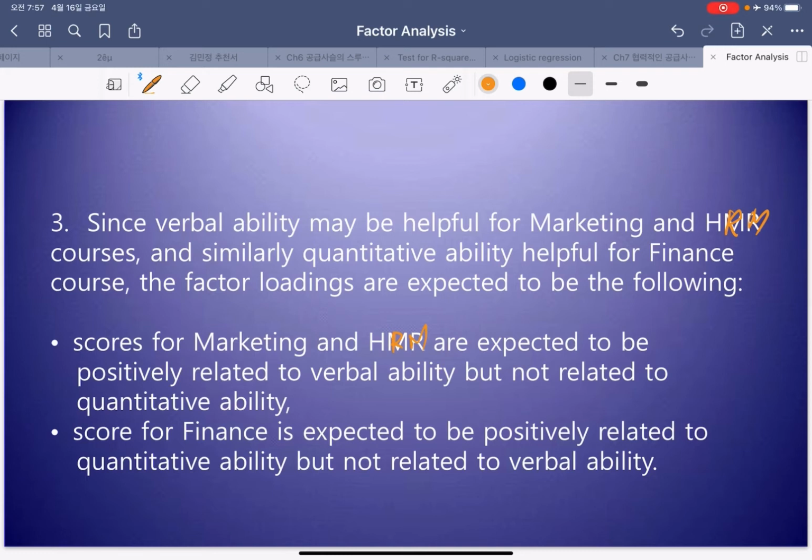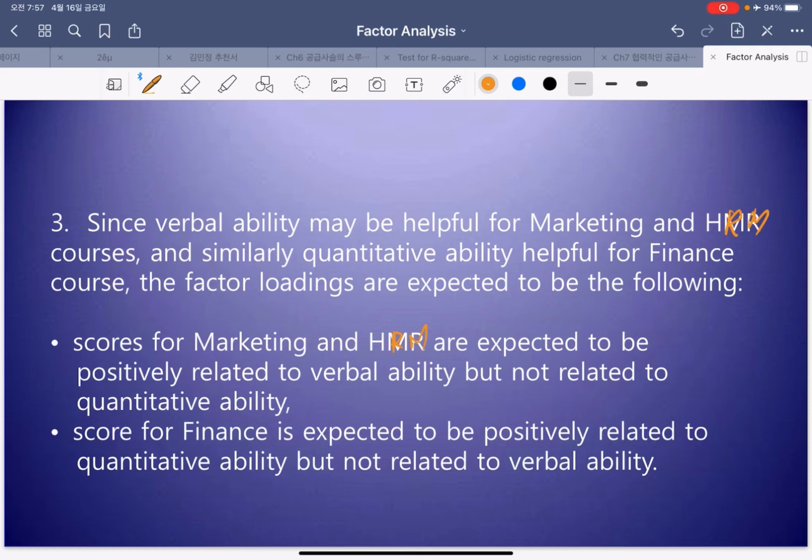It is reasonable to think that the verbal ability is related to marketing and HRM scores, right? And on the other hand, quantitative ability is related to finance scores, right?